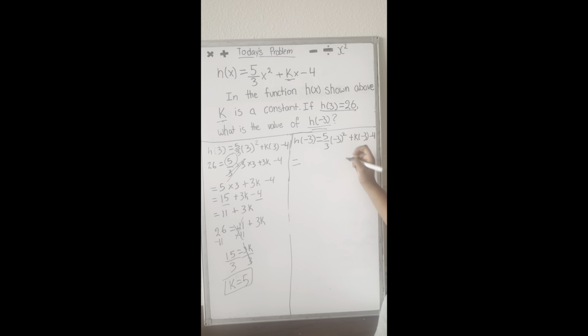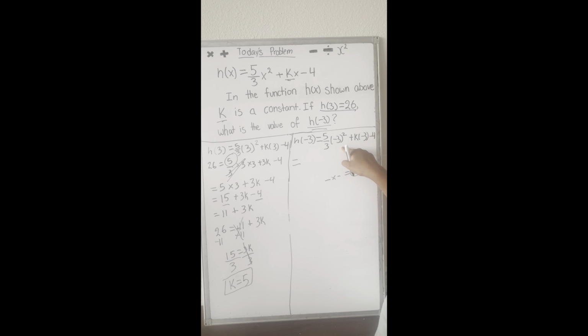So essentially this is just 5 divided by 3 times negative 3 times negative 3. And negative 3 times negative 3 is 9, because when you multiply two negatives, you get a positive. Negative times negative is always a positive.